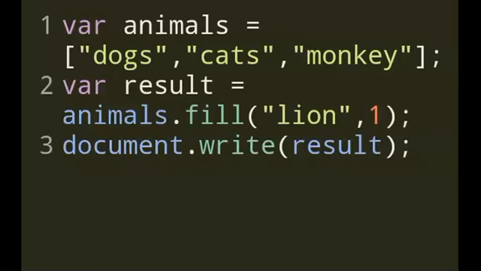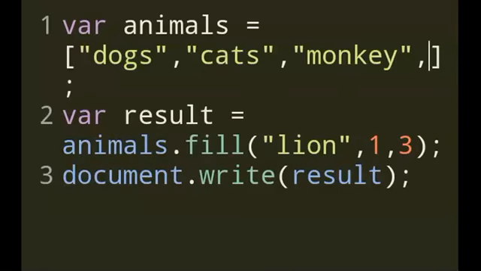Now let's consider another factor when I'm writing the end index. Comma, let's say 3, and then let me add, because it's too short, let me say tiger. Okay, now this means I will start adding lion at index 1, which is at cats here, and then 0, 1, 2, 3 until tiger.